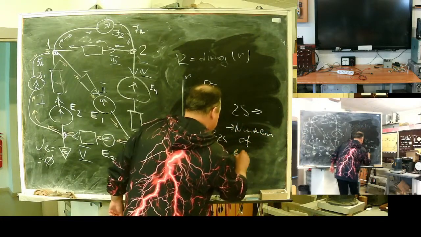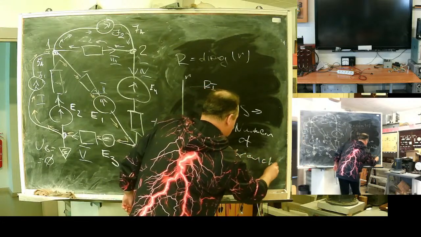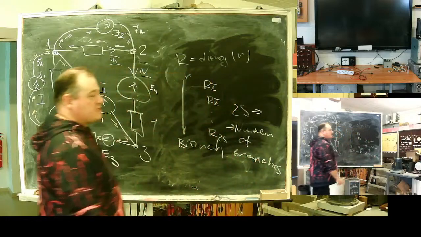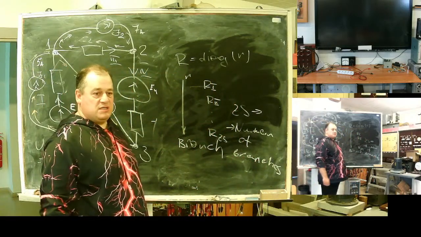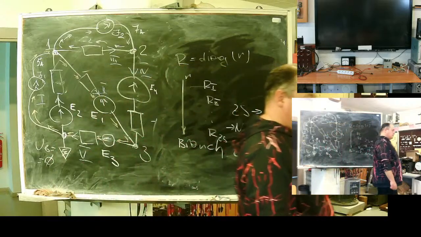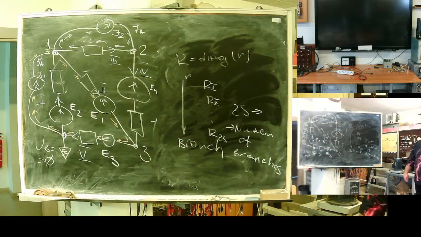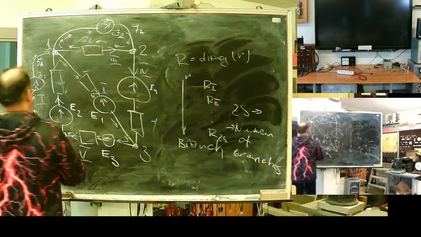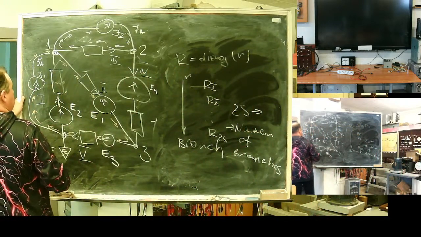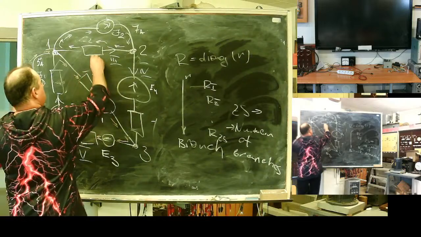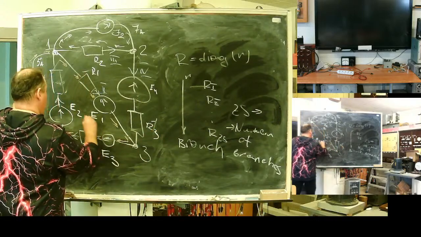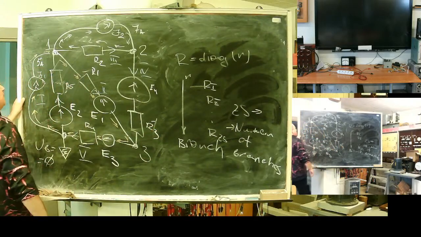Zaru skaits is the number of branches. Zars is branch, skaits is number.